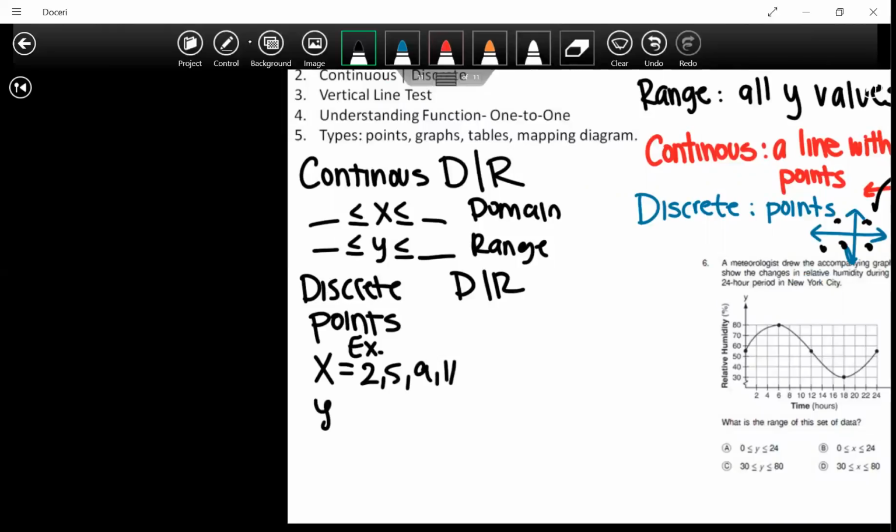Your Y's would be -2, 6, 8, 5. Okay, it's just a set of points. We always go left to right, then bottom to top when plugging them in.